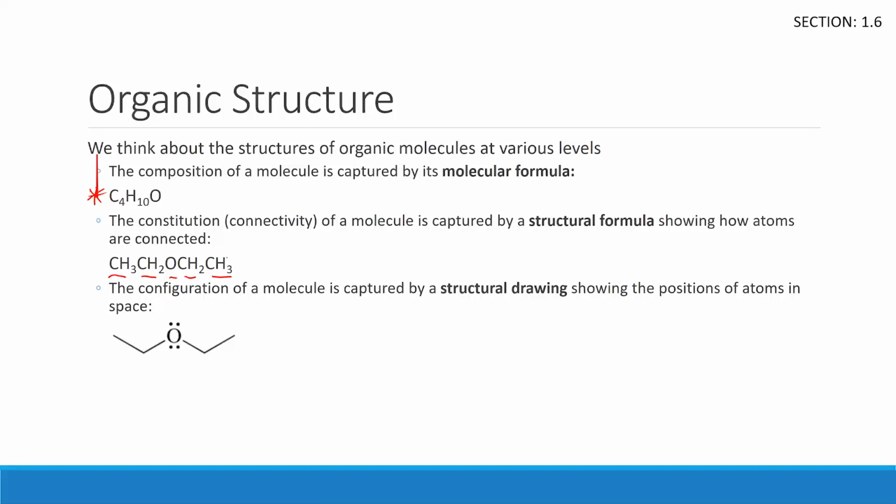So here you can see this is the structural drawing of the formula that we gave. Here is the CH3 group, here is the CH2 group, here's the oxygen in the middle, another CH2 group, and another CH3 group. But again, you can see how they are positioned in space using a structural drawing.